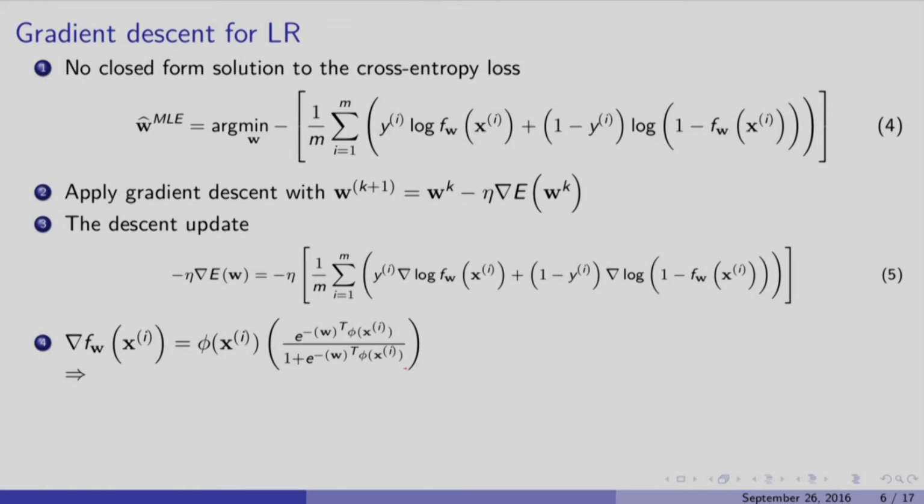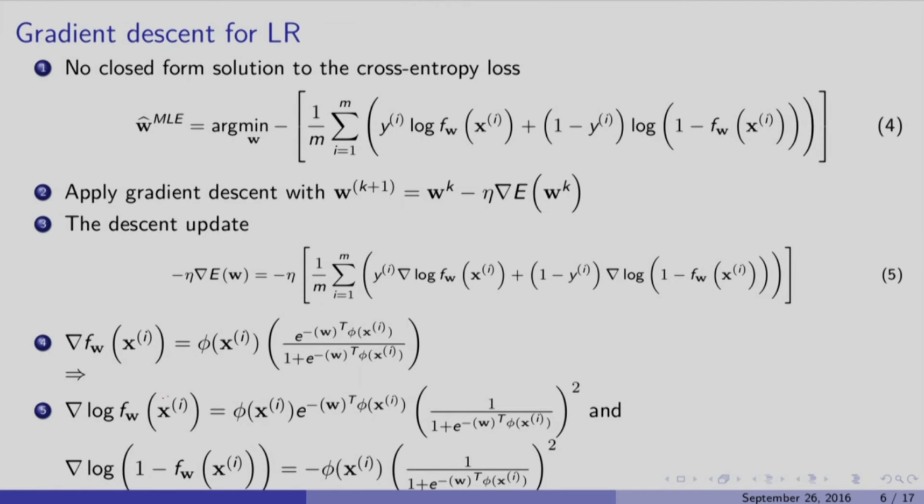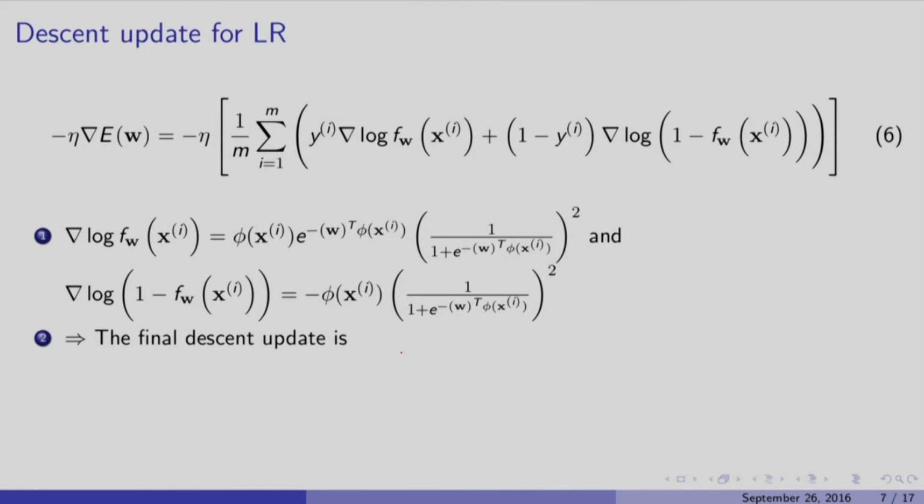Well, this factor is nothing but the probability of y equals 0 given x_i. Similarly, one can compute the gradient of log of 1 minus f_w(x_i). So after some simplification and substitution, one gets the final descent update as follows.